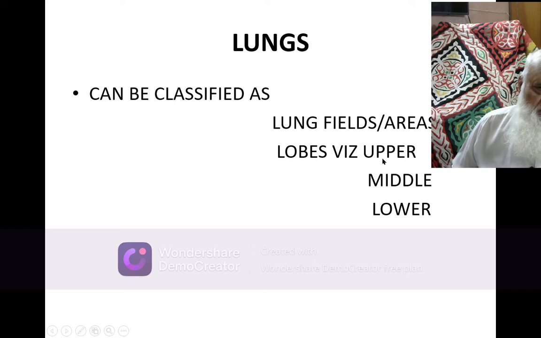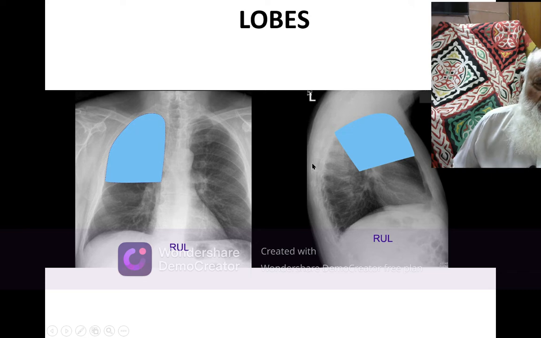The bronchopulmonary segments on the right side are 10, and on the left side 9. As far as the lobes are concerned, it is difficult for clinicians to describe them, so it is better to describe the lung fields, areas or zones. These are the lobes actually.